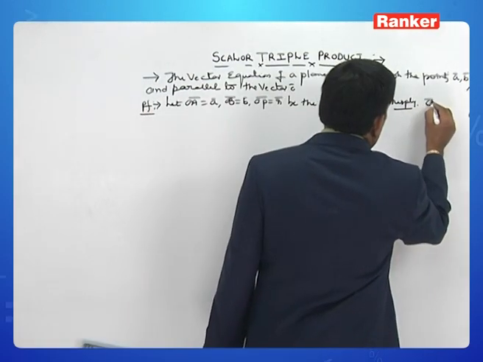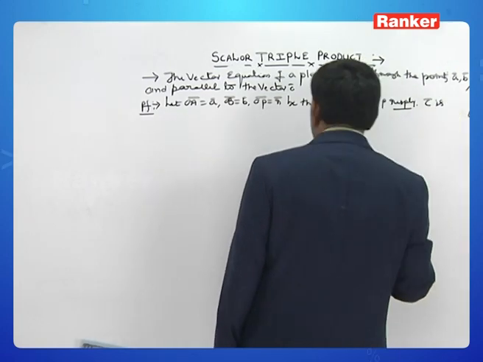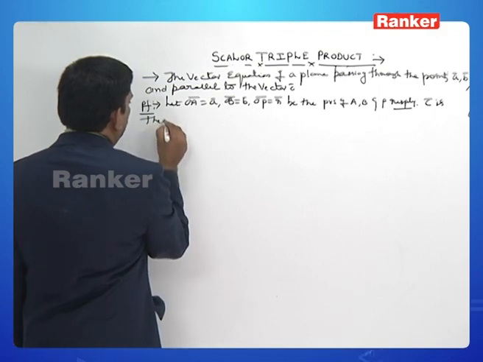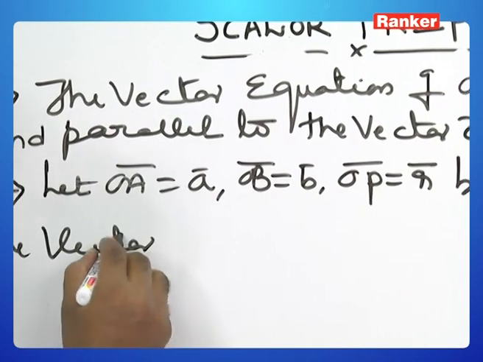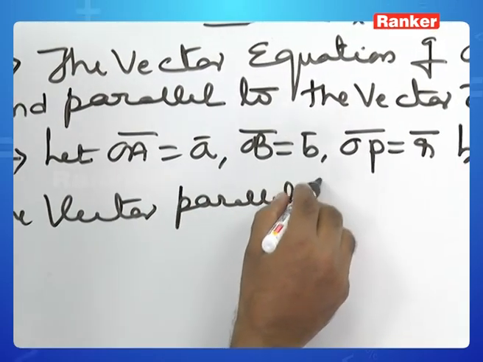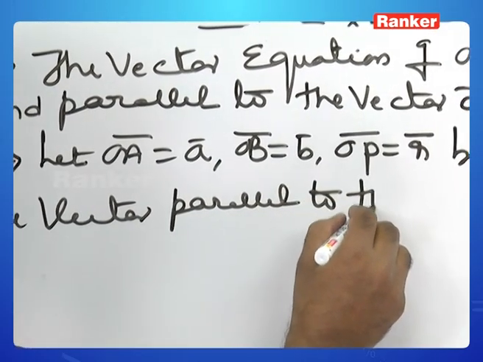C bar is the vector parallel to the plane.